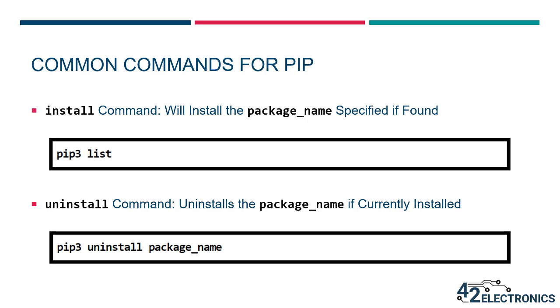The install command will install the package name that you specify, as long as the package you're trying is found. If the package name is incorrect or doesn't exist, then this command will result in an error. Now, the uninstall command will do what it says, right? It'll uninstall the package name that you specify, as long as that package is currently installed on your system. If that package isn't found, it's not installed, this command will also result in an error.